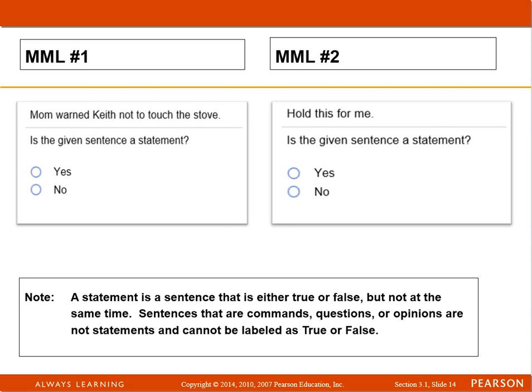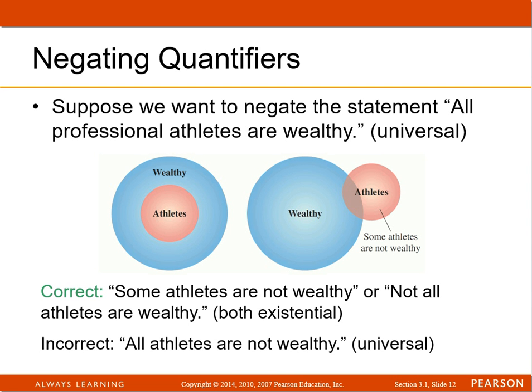Okay, whoops, I jumped ahead too far. There we go. Now, if you're asked to negate a quantifier, let's start with negating the universal quantifiers. If you want to negate an all, you're basically going to switch it from an all to a some.